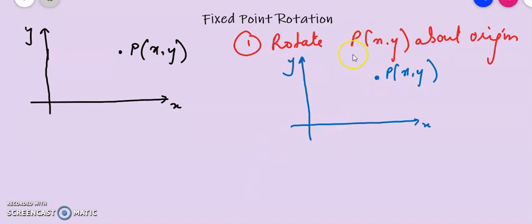Origin is somewhere out here, so it takes the origin as the reference point, and this is basically your axis from which the rotation would happen, either in anti-clockwise direction or else in clockwise direction. The assumption here is I am rotating it by angle theta.